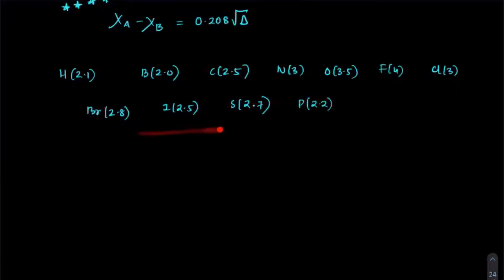If you consider all of this order carefully, fluorine is the most electronegative, then oxygen, then nitrogen and chlorine almost the same, then bromine, sulfur, iodine.